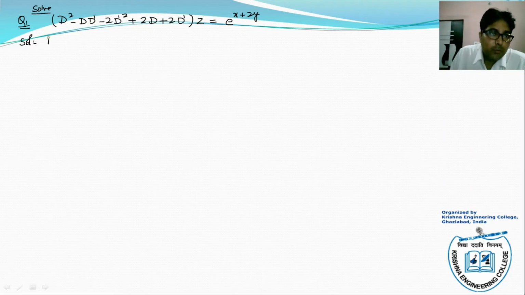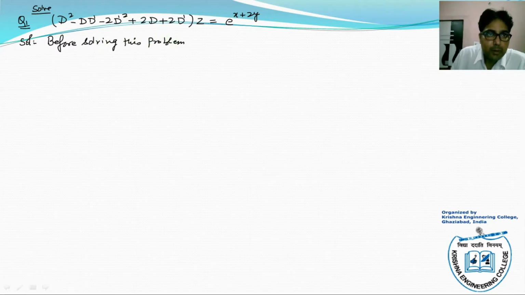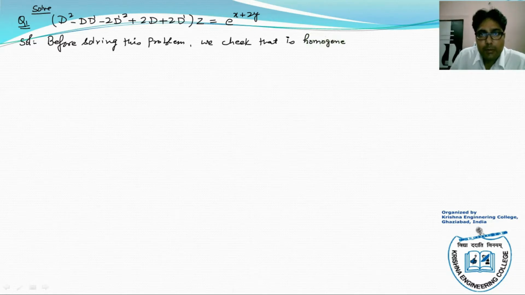So before solving this problem, we check whether it is homogeneous or not.